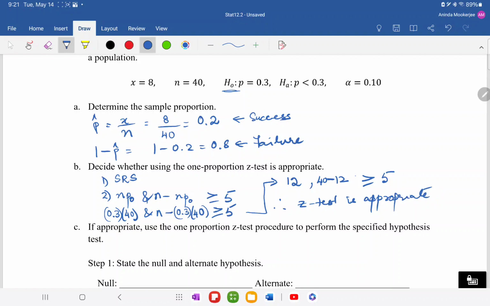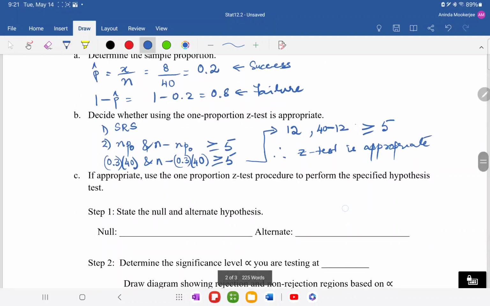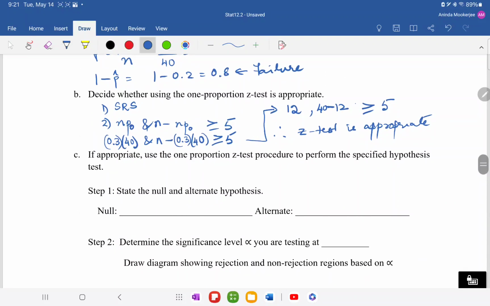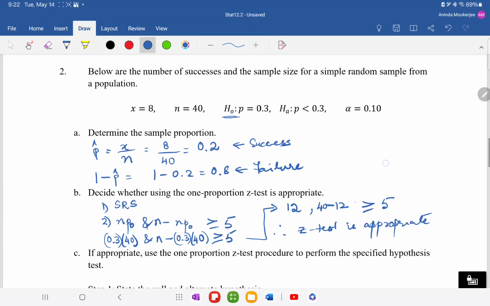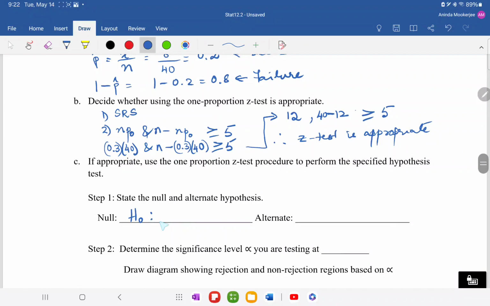Z-test is appropriate. Now, since it's appropriate, we can go ahead and perform the z-test procedure. The first step is to state the hypothesis. A null hypothesis has been given to us, and we can just copy it and write it as is. It says P without the hat, because this is the population proportion, and all hypotheses must be stated in terms of population notations.